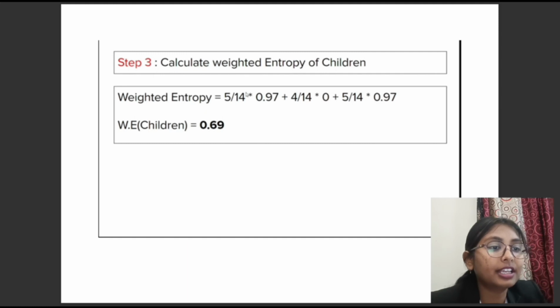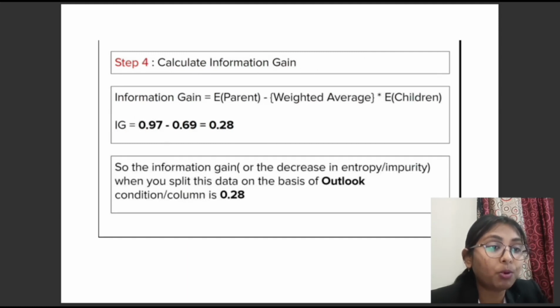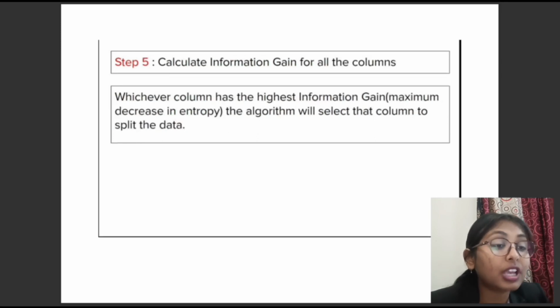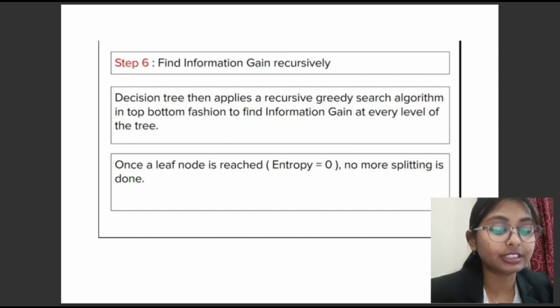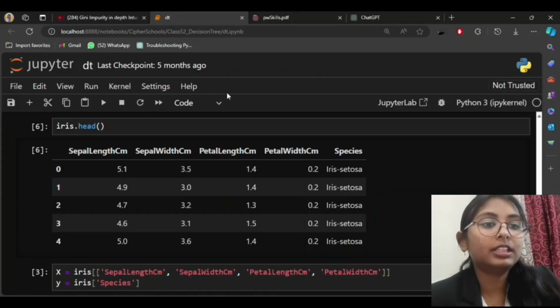Here we can see the information gain is 0.28. So the information gain when you split the data on the outlook column is 0.28. Similarly, now calculate the information gain of all the columns. Whichever column has the highest information gain, the algorithm will select that column to split the data. Now, step 6 would be finding the information gain recursively. Once a leaf node reaches entropy 0, no more splitting is done. At that level, we have our decision tree completed.